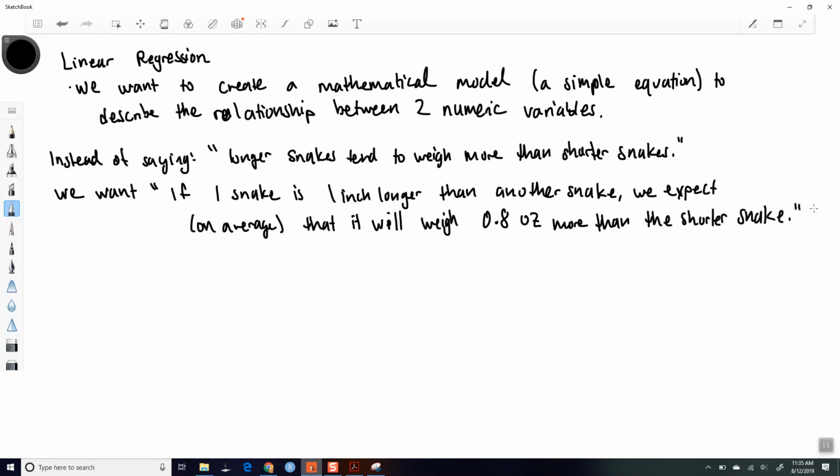Something like that, okay? So we can be a little bit more precise in our description. We can say 1 extra inch means our prediction on average goes up by 0.8 ounces.